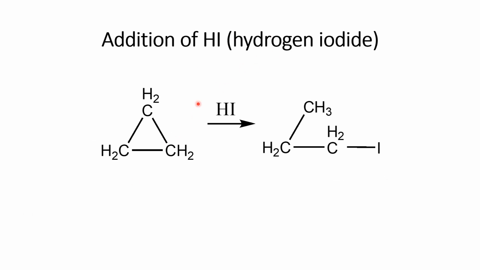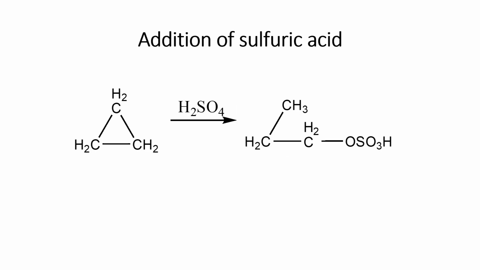Addition of hydrogen iodide to the same cyclopropane, again the bond is said to be cleaved here. So the product formed is CH3, CH2, CH2I. And then addition of sulfuric acid, again H will be added to this carbon.